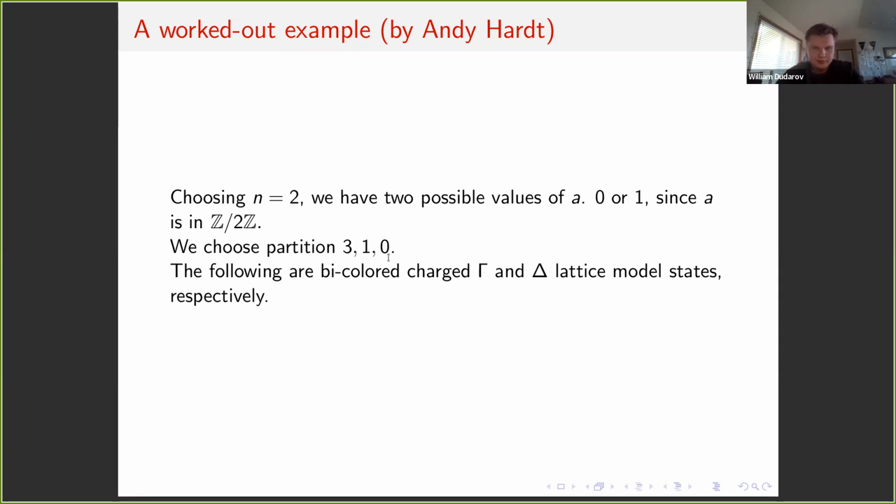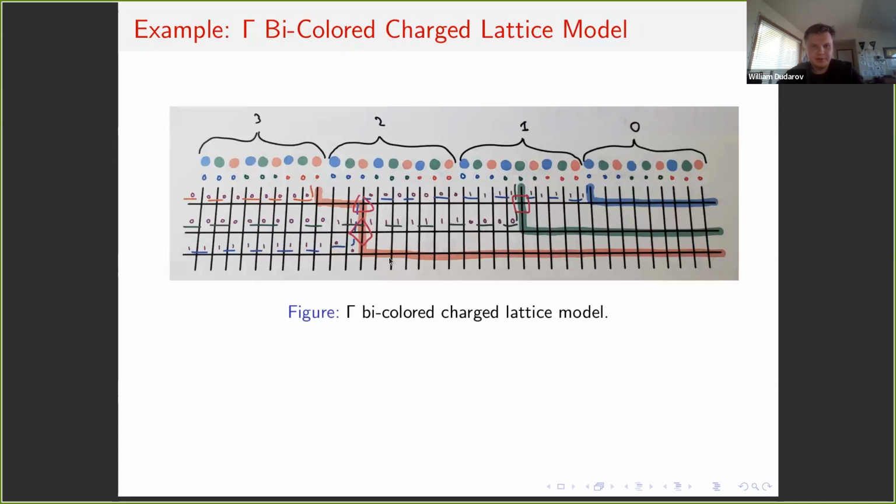The following are bicolored charged gamma and delta lattice model states, respectively. First, the gamma lattice state. Here it is. As you can see, it's basically a bicolored lattice model with solid colors and dashed colors, and the charge statistics on the dashed colors are mod 2.